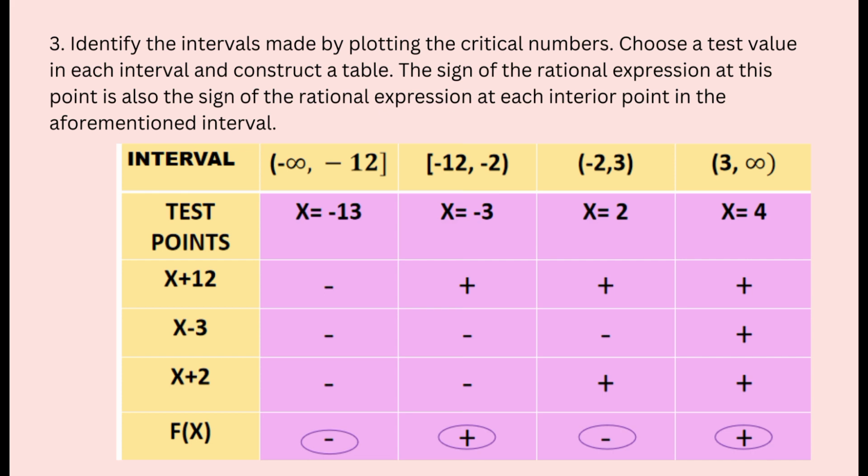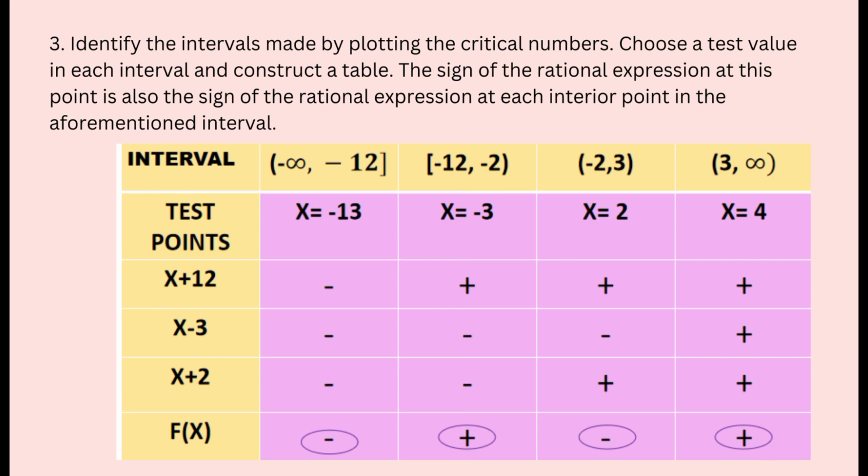Next is open to 3 and open to +infinity. Now that we know the intervals, we're going to choose test points or test values. In our first interval, we choose -13, next -3, +2, and +4.